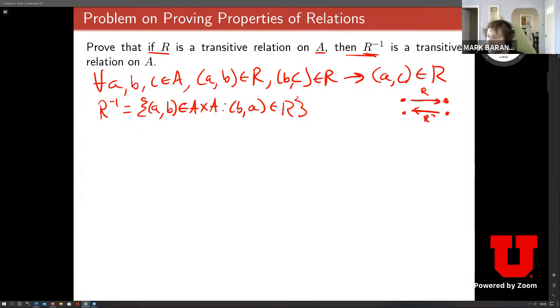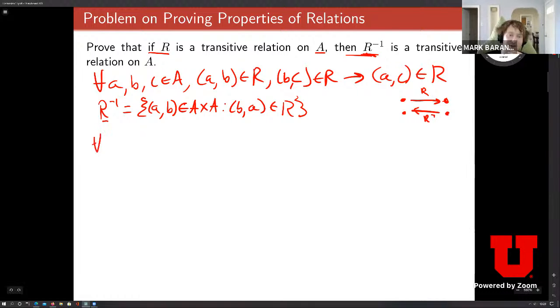Okay, has anyone made any progress on this? Okay, so maybe you can help me along as we get going. We're trying to show that our inverse is a transitive relation.